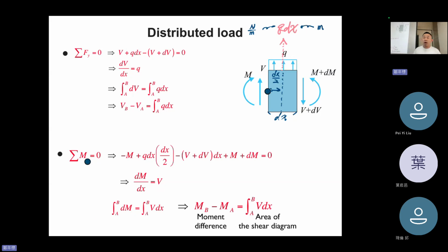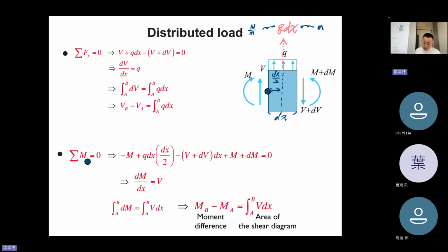So you should do the force balance, right? So you see, sigma Fy equal to 0. So your V upward plus Q dx upward, and minus V plus dV, equal to 0. Ta-da!